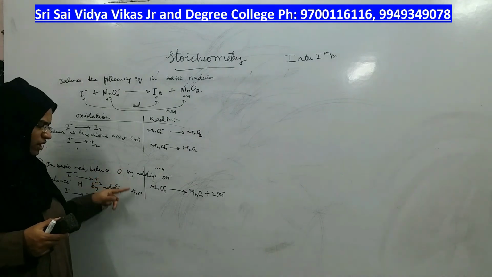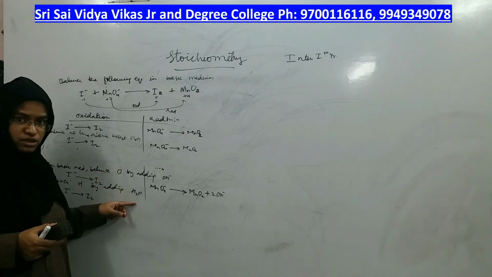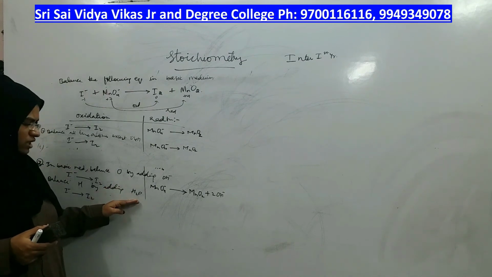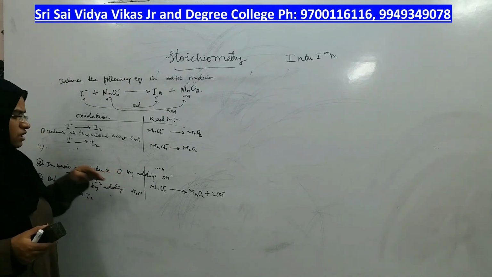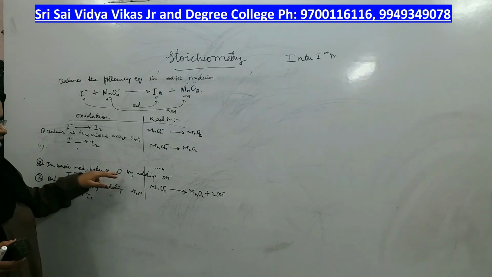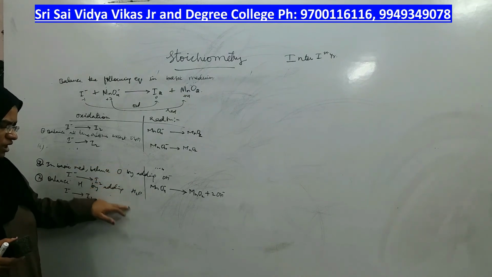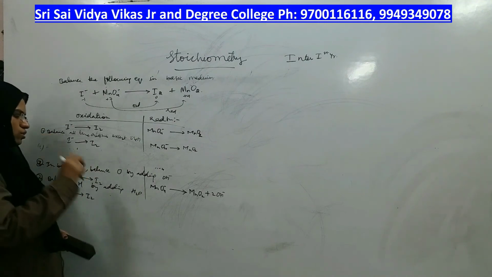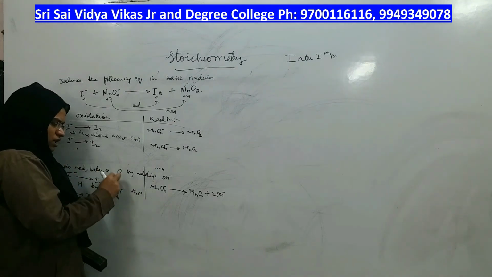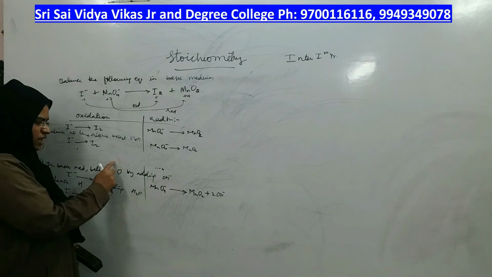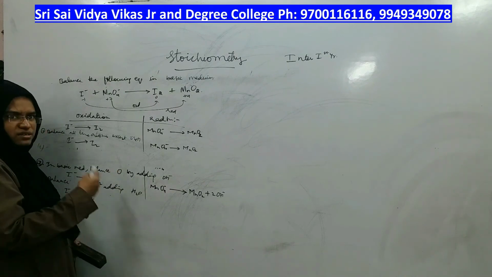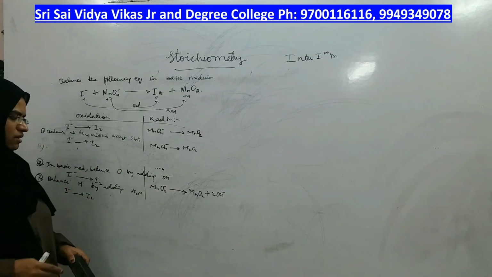In doing so, if hydrogen increases, go for hydrogen. In doing so, if you get more oxygen, go for oxygen. Just like that, don't keep on focusing on oxygen only. You have to shift from oxygen to hydrogen and hydrogen to oxygen. You should not concentrate on only oxygen or only hydrogen. One after the other, you have to do hit and trial and check whether it is getting balanced or not.